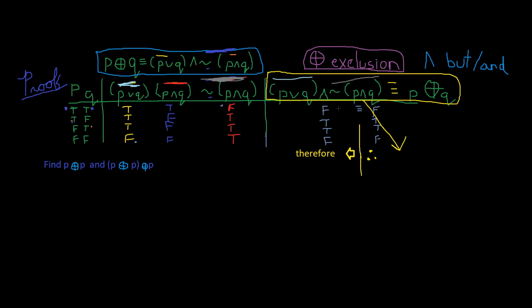It says, P or Q, but not P and Q, is logically equivalent to P exclusive Q. Let me read it one more time. P or Q, but negation of P and Q, is logically equivalent to P exclusive Q. And so that will be our proof.